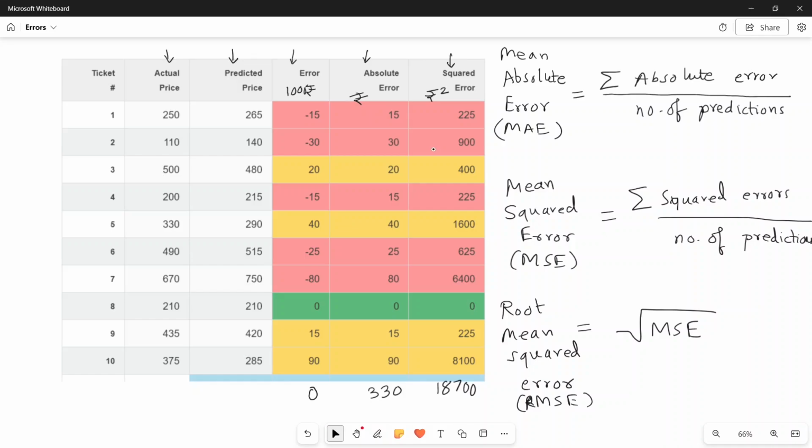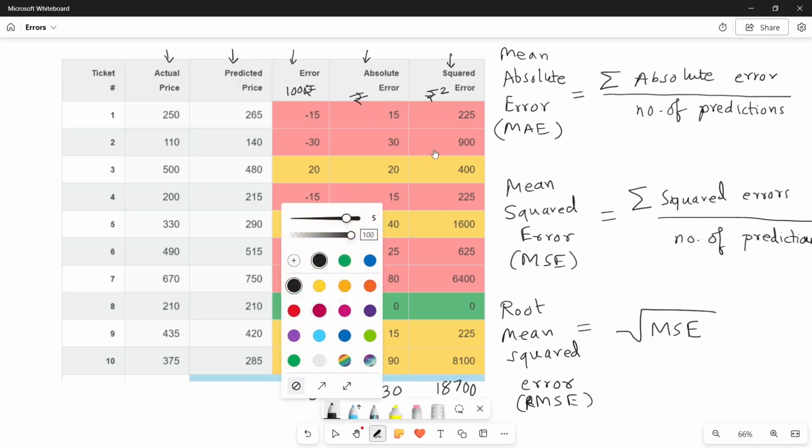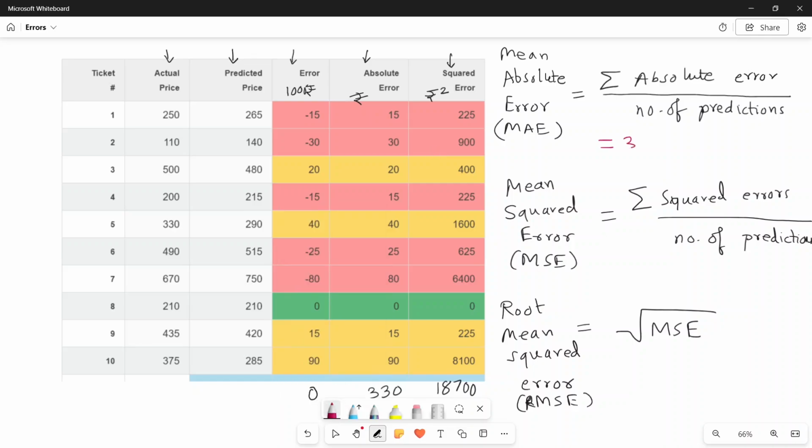So the mean absolute error will be 330 divided by 10, which is 33. Mean squared error will be 18700 divided by 10, which is 1870, and the root mean squared error will be the square root of 1870.